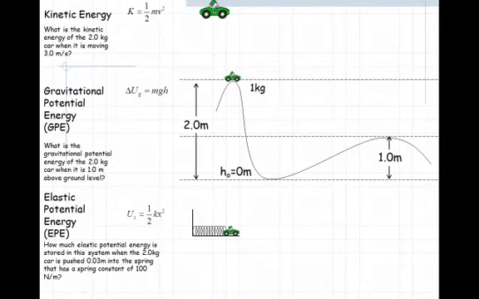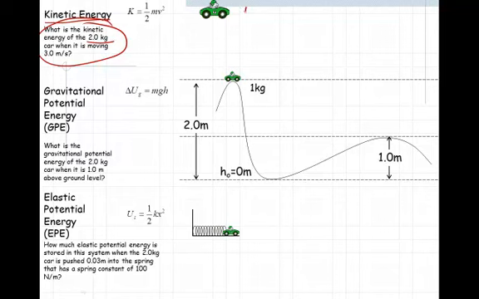Again, for an object to have kinetic energy, it has to have mass, obviously, and has to be moving. In this particular example, we're asked to find the kinetic energy of a 2 kilogram car when it is moving at 3.0 meters per second. 2 kilogram car must mean it's a really small toy car.